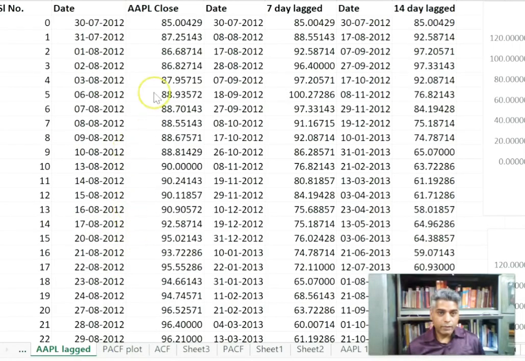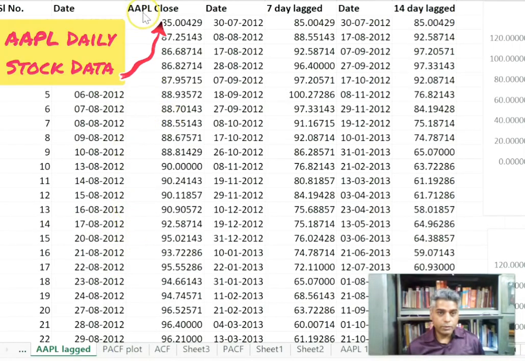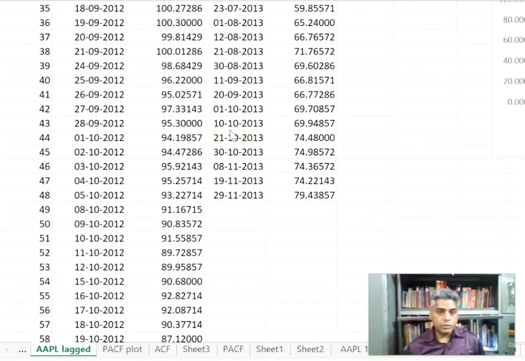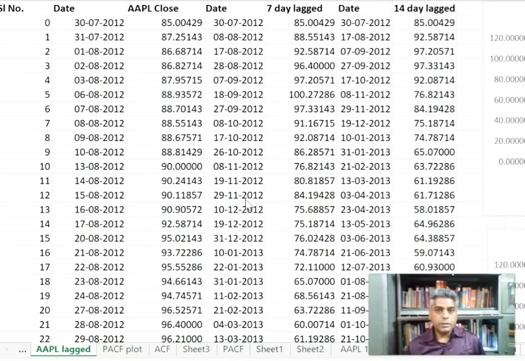Okay, so what we have here is the Apple computers, or AAPL, closing one-day data for around a one-year period. It starts from say 30/7/2012 and goes all the way to 29th of November 2013, and we have the 7-day lagged values of the same series, and then the 14-day lagged values of the same series. Let me show you what I mean.